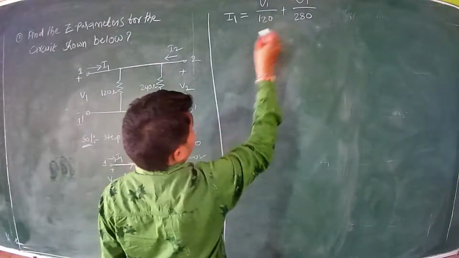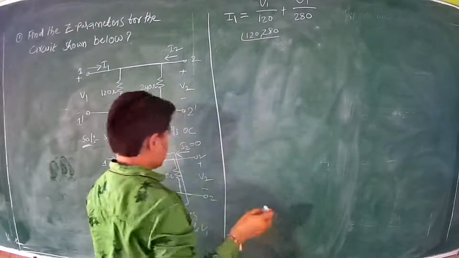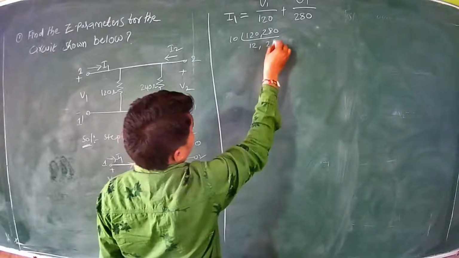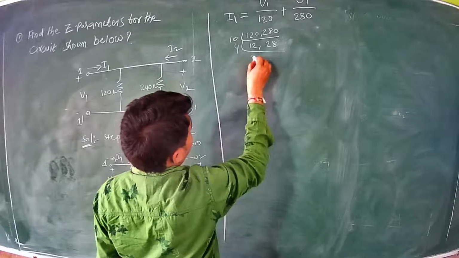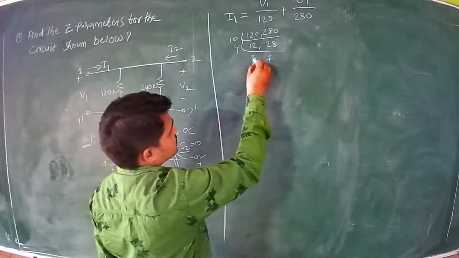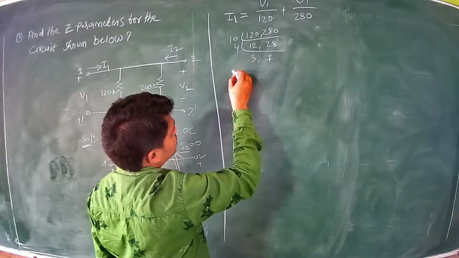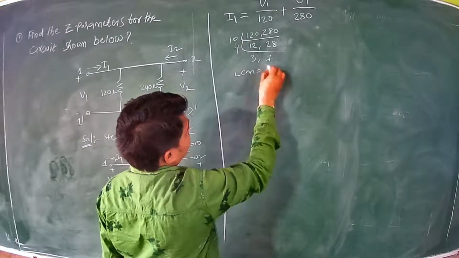Then find the LCM of 120 and 280. 10 12s are 120, 10 28s are 280. 4 3s are 12, 4 7s are 28. Therefore 7 3s are 21, 21 4s are 84, into 10, 840. So the LCM is 840.